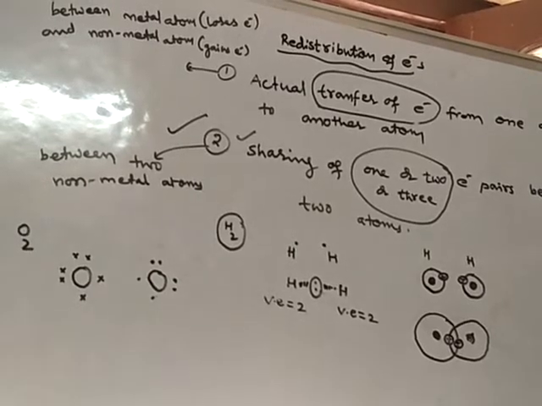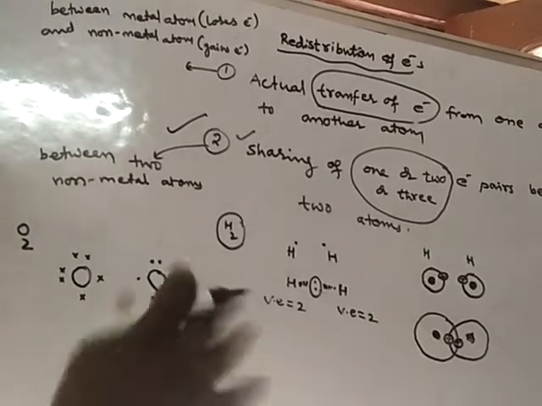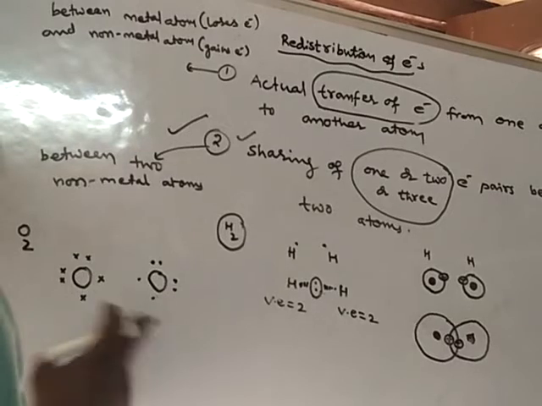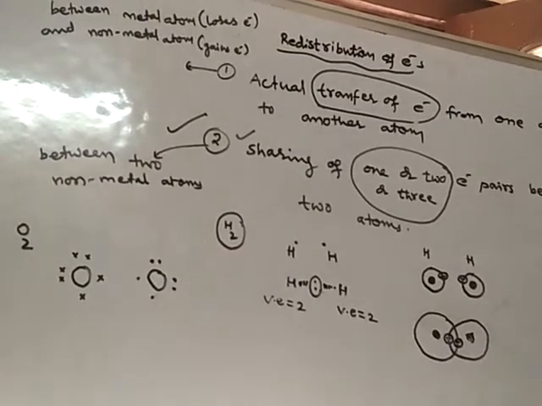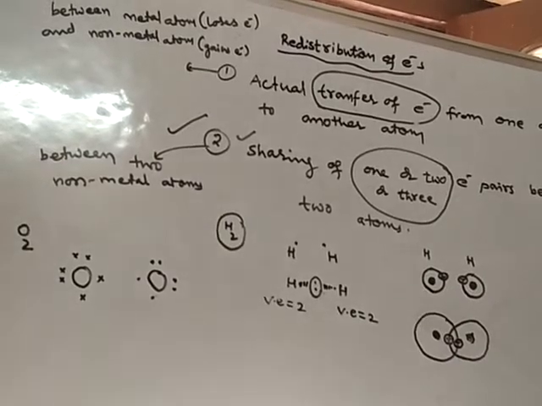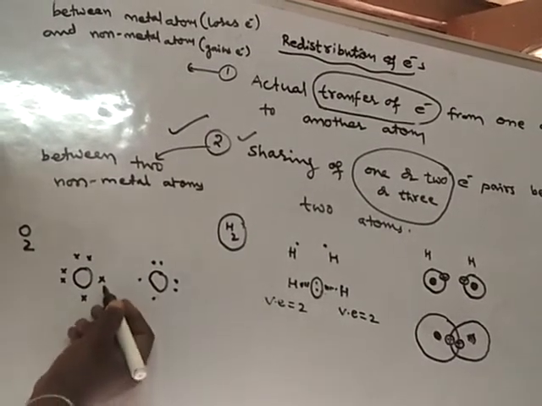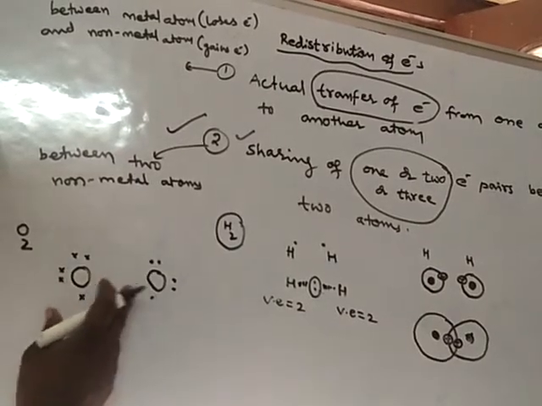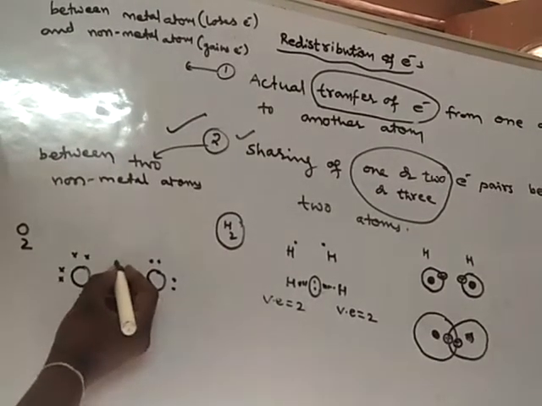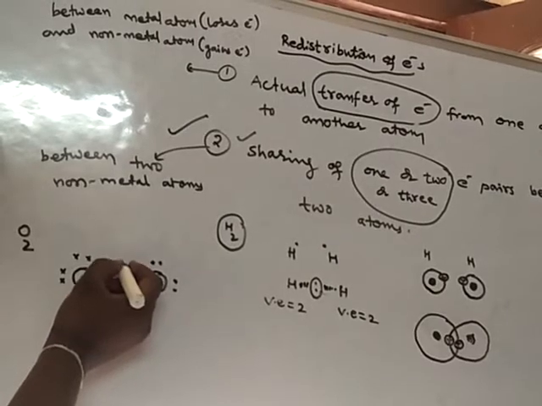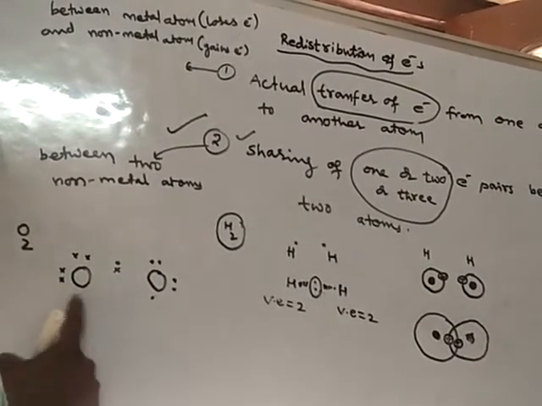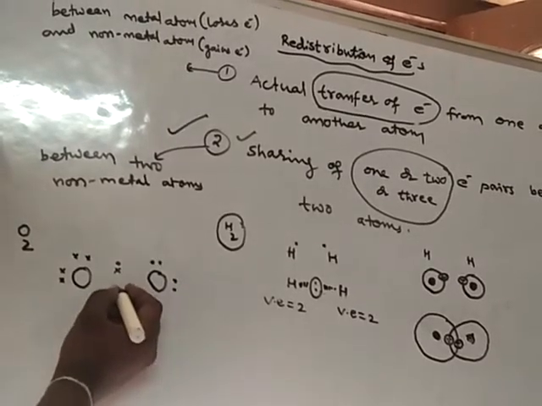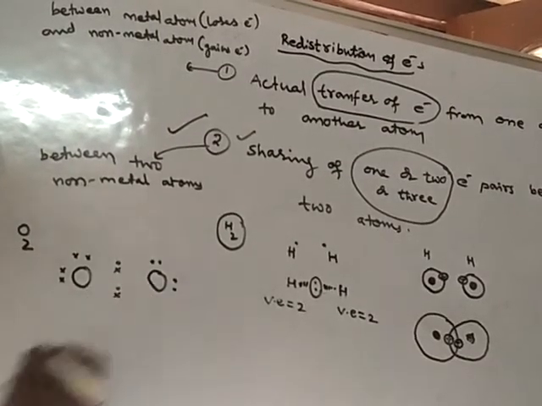Here complete transfer is not possible, because these two are non-metal atoms. Complete transfer of electrons is not possible. The only way is sharing of electrons. So these two electrons will form a pair like this, and even these two electrons will also form a pair like this.